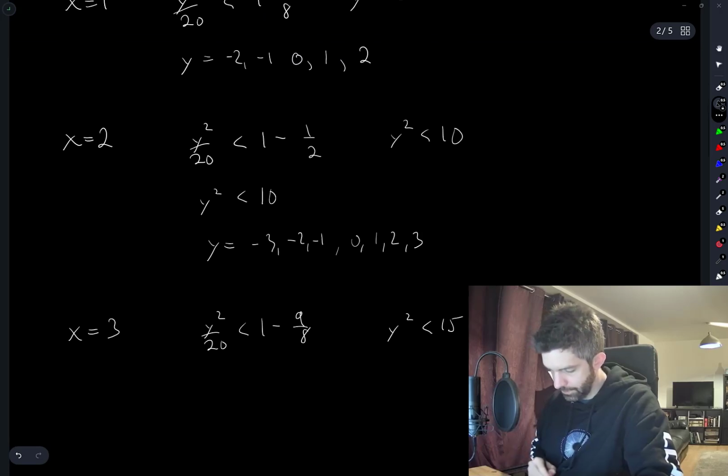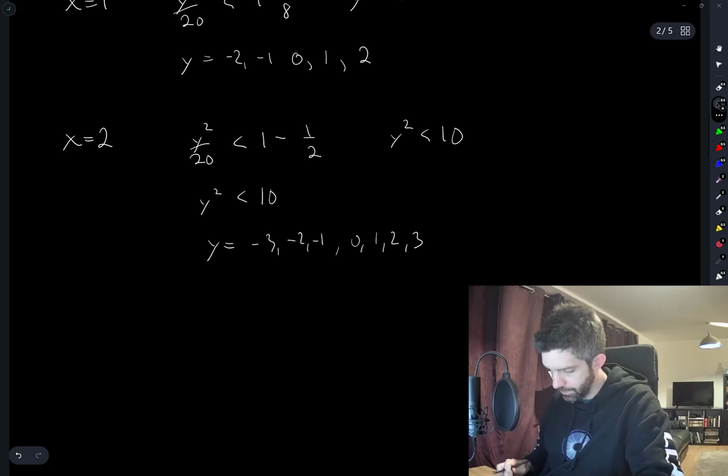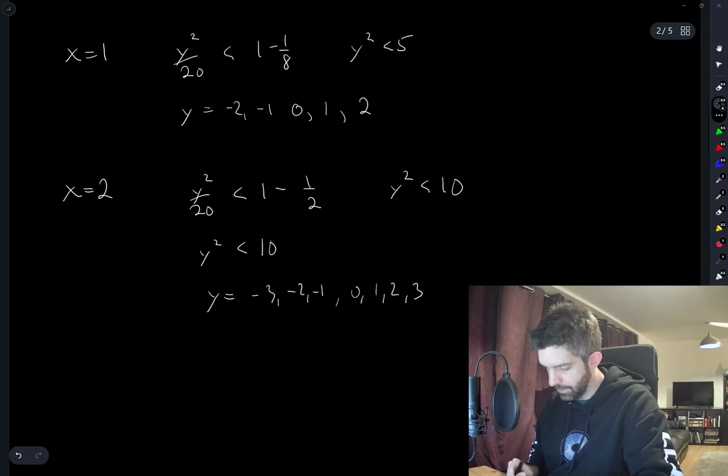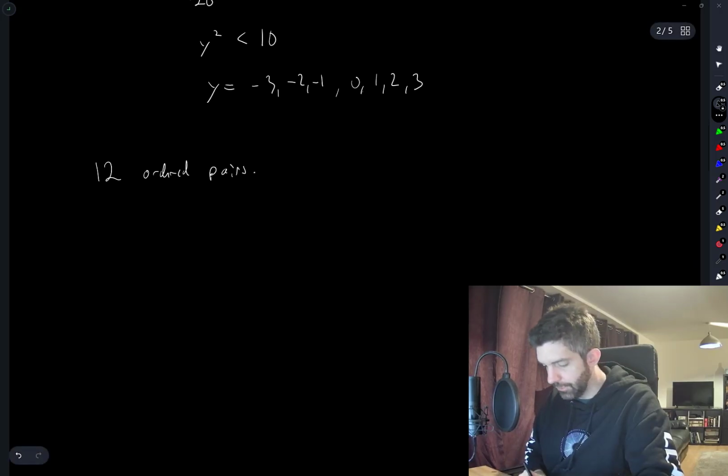All right, so there are fewer ordered pairs than I expected. There are 5 plus 7, so 12 ordered pairs. So the number of distinct ways of choosing is 12 choose 3.